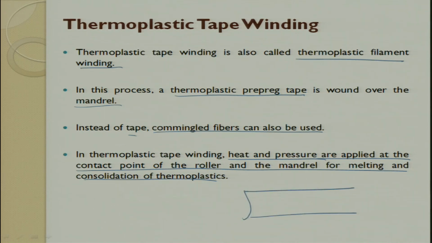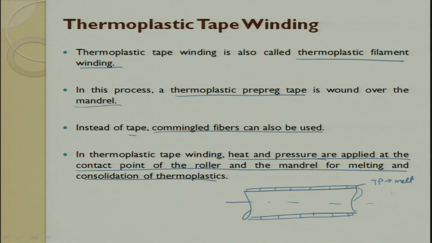So you have a mandrel, and on top of the mandrel you wind tapes, and these tapes can be wound in any direction you want. After you wind, this is a prepreg, so it has thermoplastic resin. This resin has to melt.